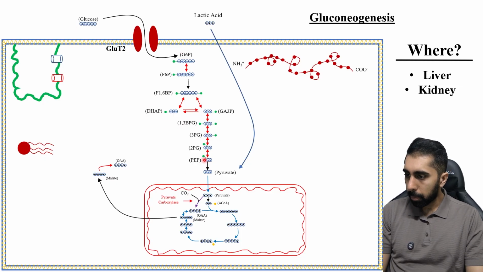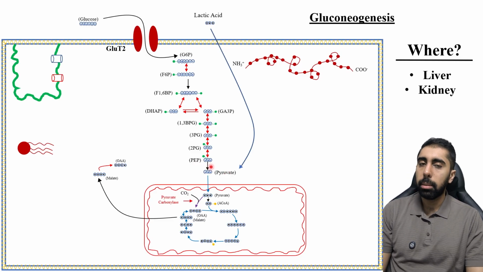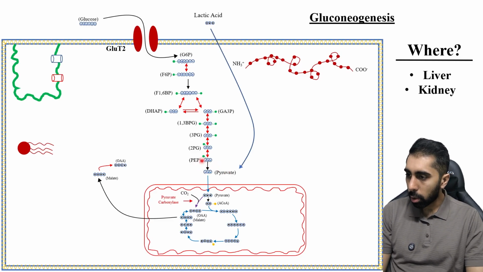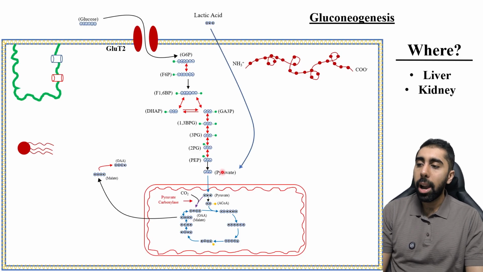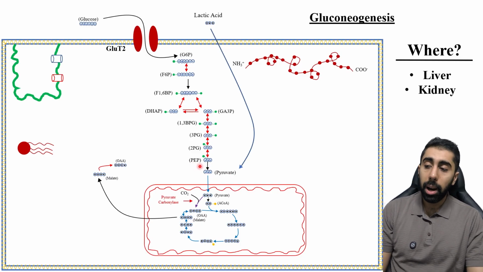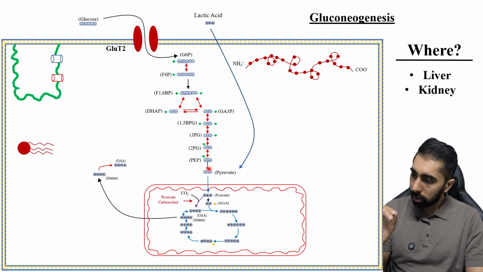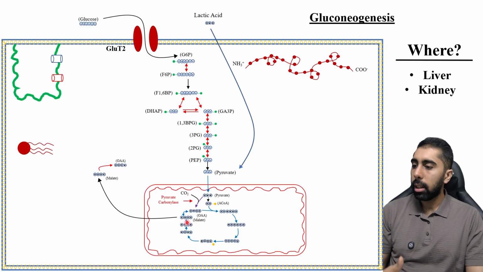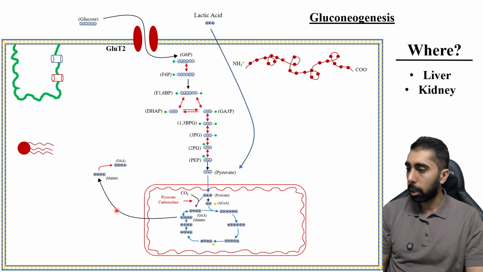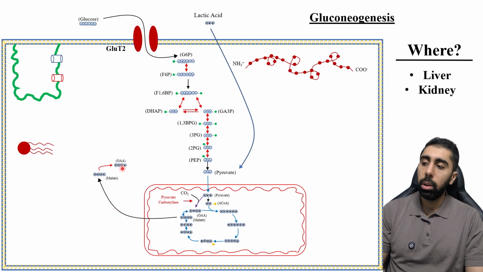Because the step from phosphoenolpyruvate to pyruvate is an irreversible reaction. This black arrow is irreversible. These others are reversible, but this one is irreversible. We cannot turn pyruvate directly into phosphoenolpyruvate. This is why we help pyruvate turn into oxaloacetate and malate, move out of the mitochondria, and turn back into oxaloacetate.